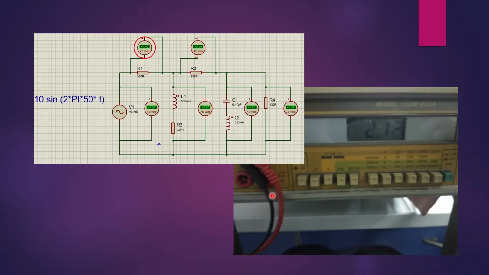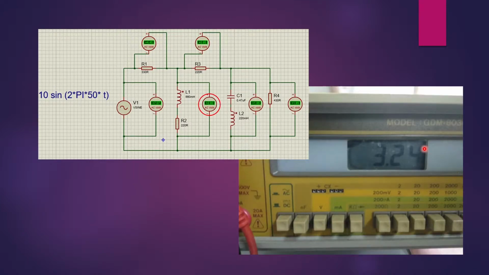Next, we found that the voltage across the first R1 branch is 4.45 using simulation, but 2.12 in the hardware setup. The next branch, across L1 and R2, the voltage is 2.80 volt for the simulation, but 3.24 volt for the hardware setup.